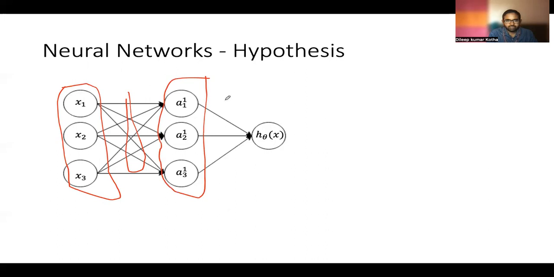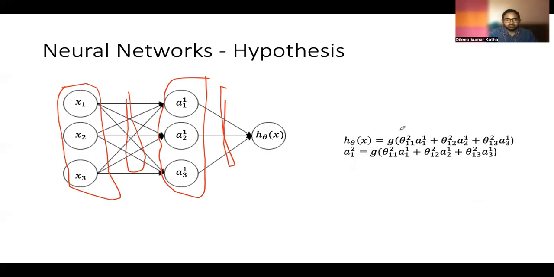These activation neurons are again multiplied with the weights to get the final hypothesis, or the forward propagation result. So the final h of x is whatever the activation neurons in this layer are multiplied by the weights, and we get the final activation, which is h of x. It can also be called A12.